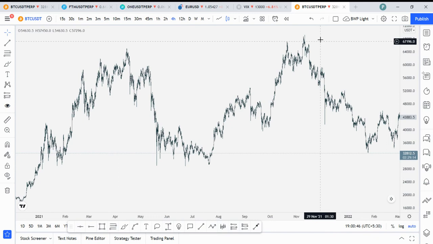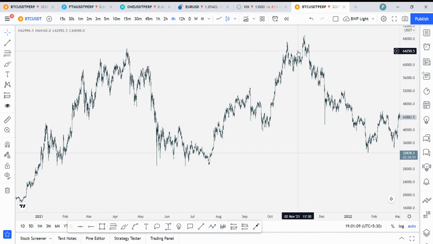Where would they be looking to? Even if they want to buy here, it's almost impossible, because at this level there wouldn't be a lot of sell orders. Don't forget, people have been buying and buying. At this level, there wouldn't be a lot of sell orders yet.